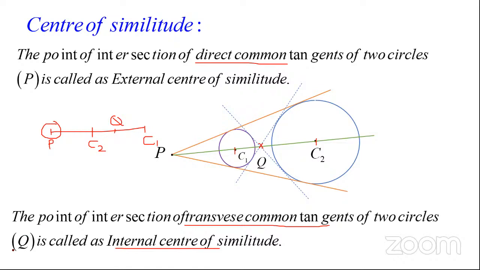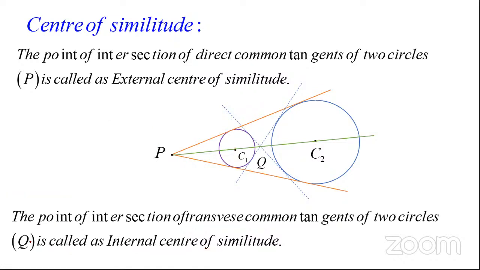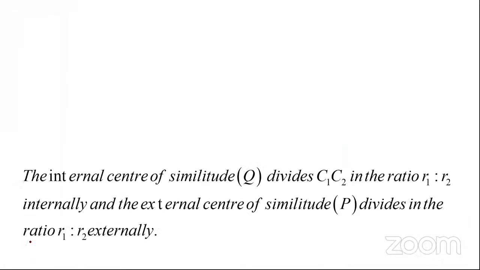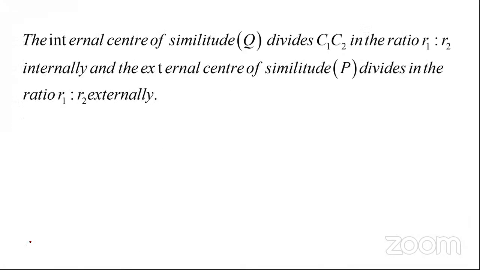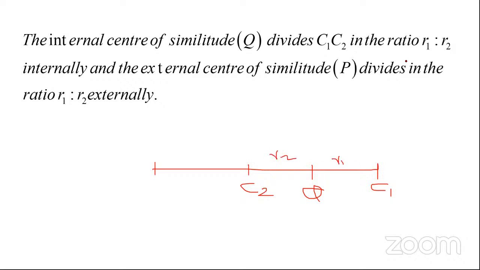So that is what the definitions say. The internal center of similitude Q divides C1C2 in the ratio R1 is to R2 internally.